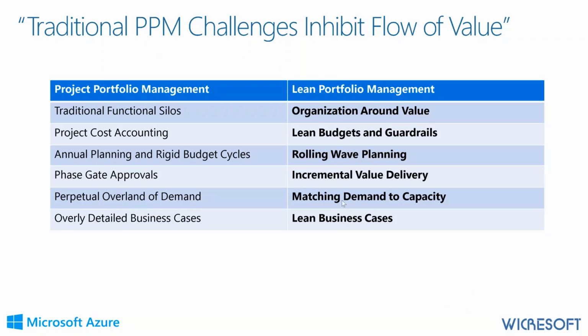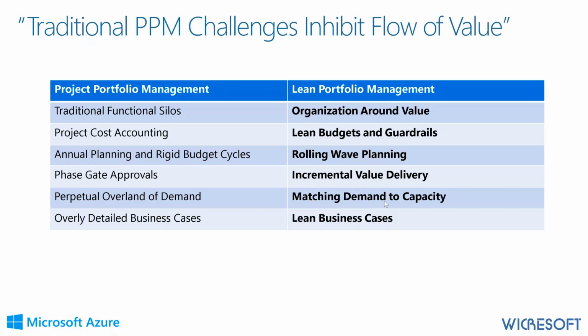And you can see that lean budgets and guardrails is one of them, and here we'll talk in a second about how we actually budget at a portfolio at the value stream level, which includes solutions. We're going to be doing rolling wave planning, both from a portfolio standpoint and also program planning, because we're doing program increments on a quarterly basis.